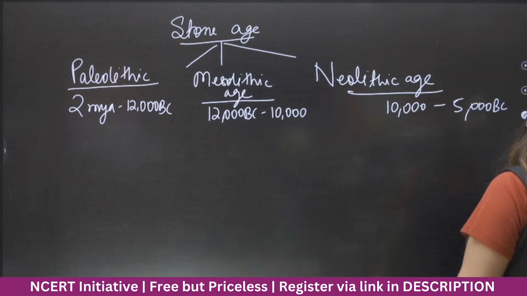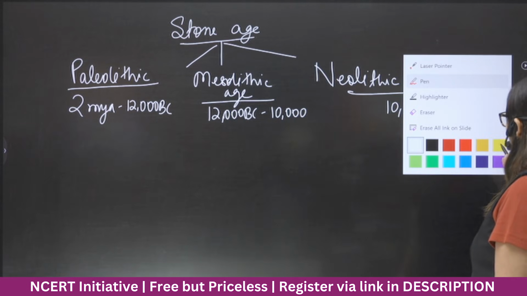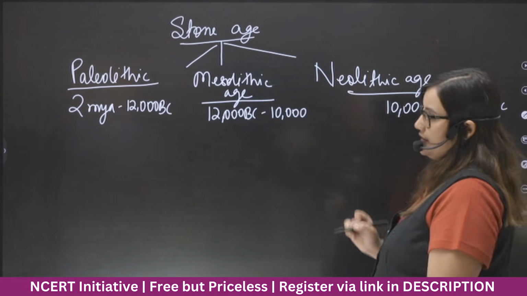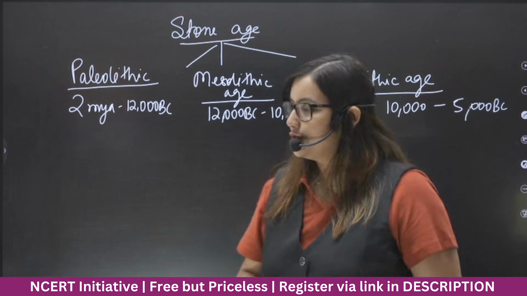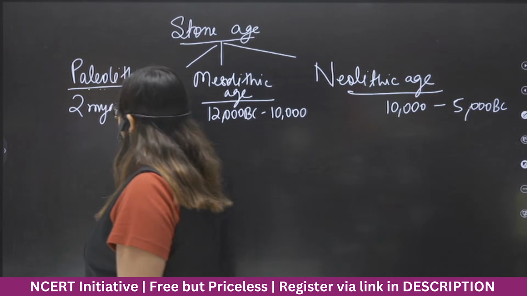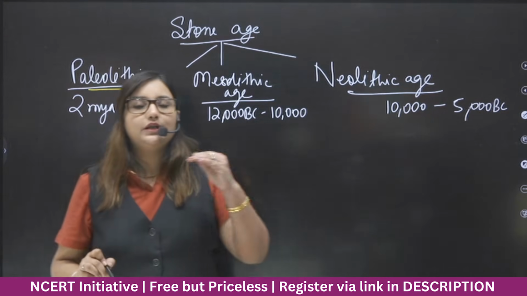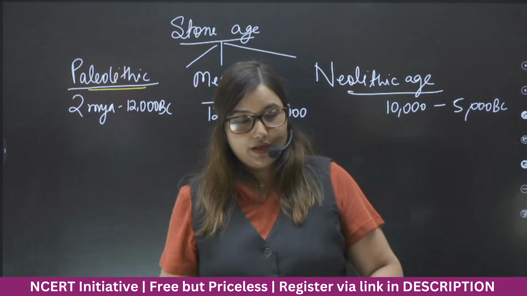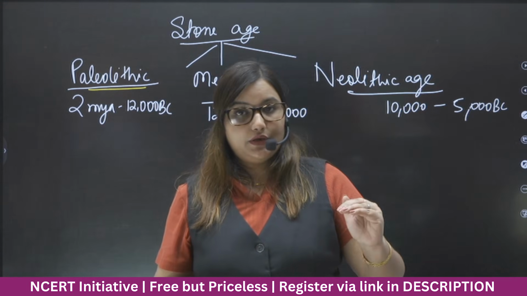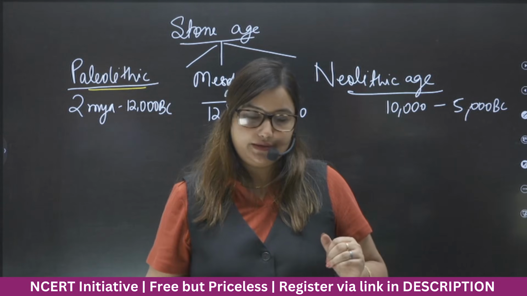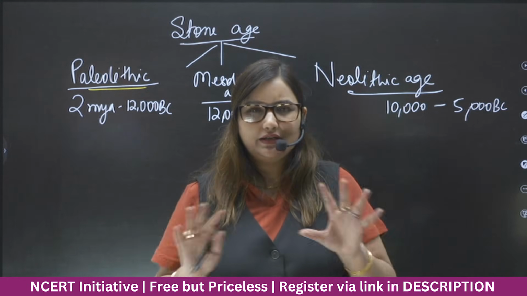Okay. So the time period after 10,000 BC is the Neolithic Age. Let's start from the Paleolithic Age. This Paleolithic Age can be further divided into three parts: Lower Paleolithic, Middle Paleolithic, and Upper Paleolithic. Why have we divided it into three parts?